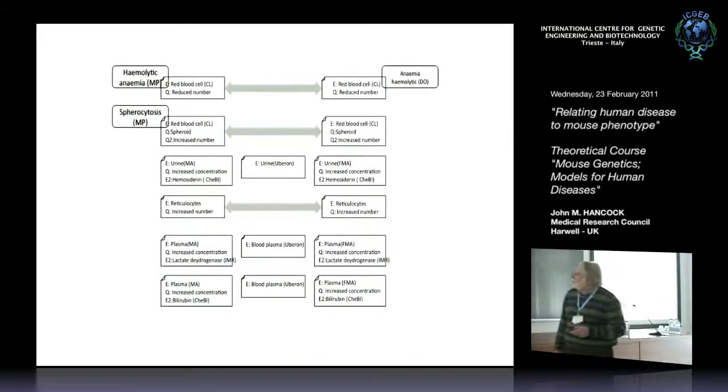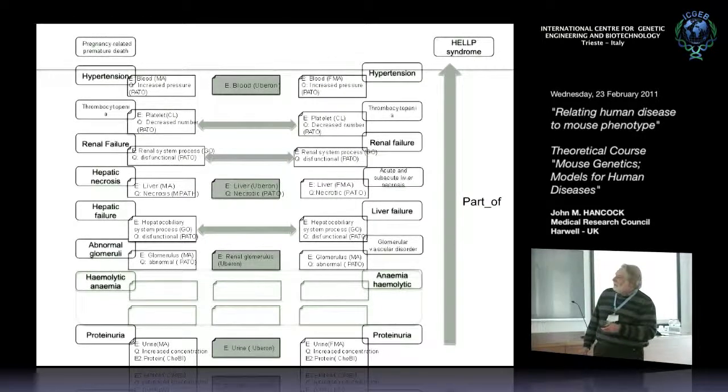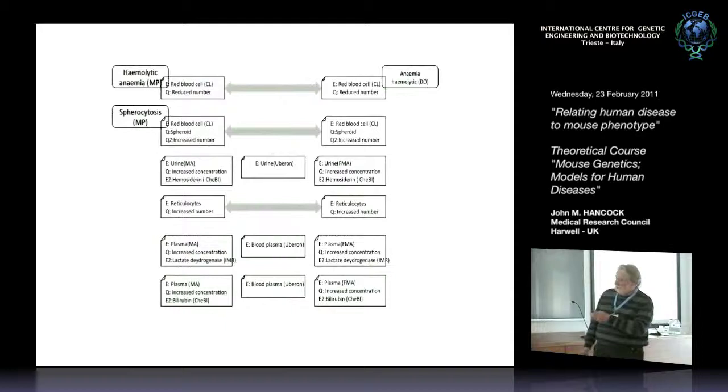So this is where we have problems. So these are the two parts of hemolytic anemia. There are lots of terms, and some of them map well, and some of them don't map well. And there's spherocytosis in NP, which doesn't map across well. So there are bits of even a very simple disease description which don't map well, and that all has to go into the mix somewhere.